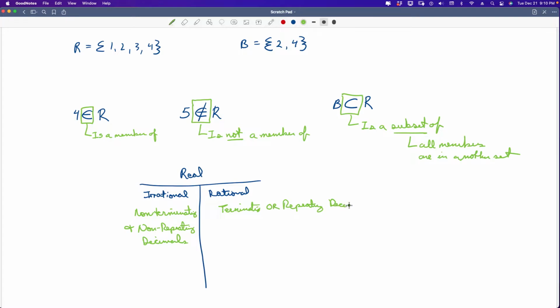It would also include integers. Integers include whole numbers, and whole numbers include natural numbers.